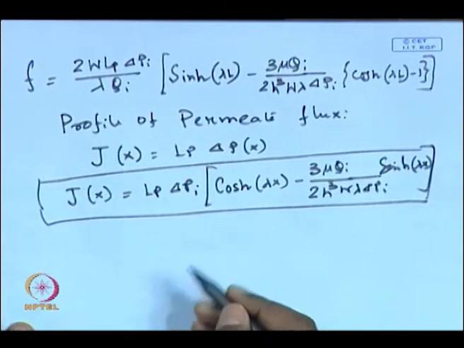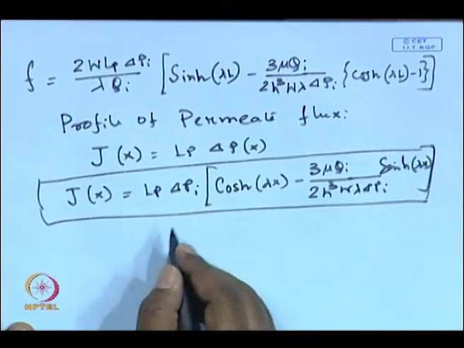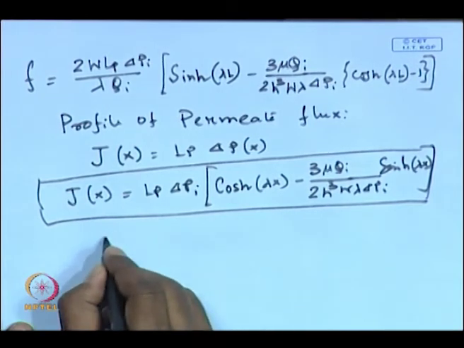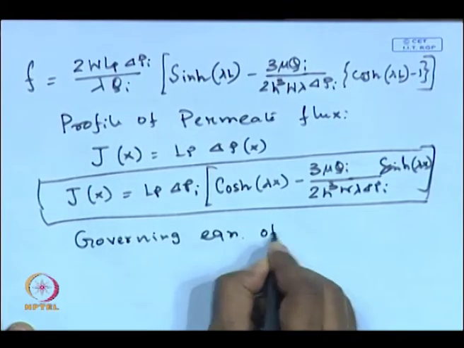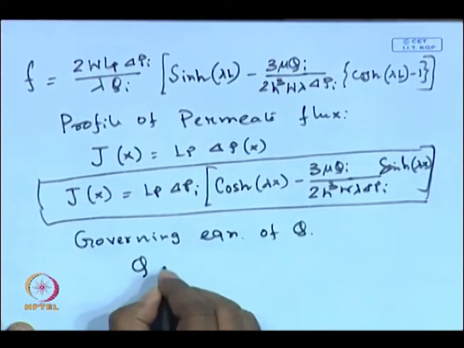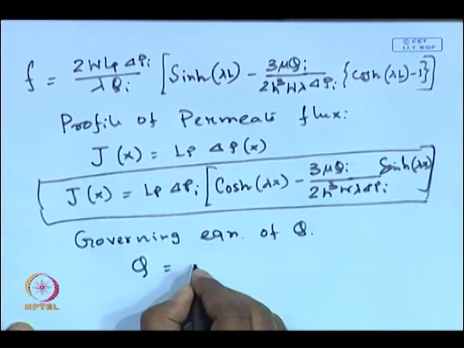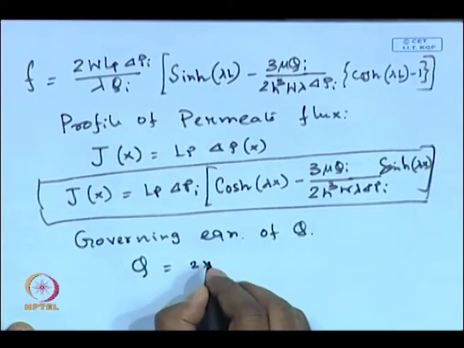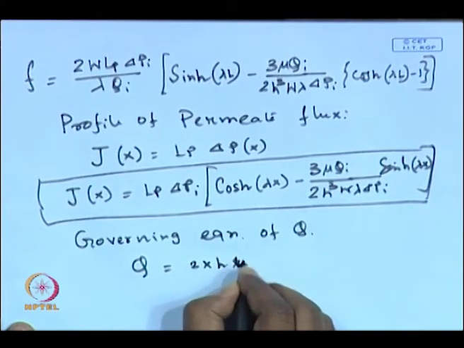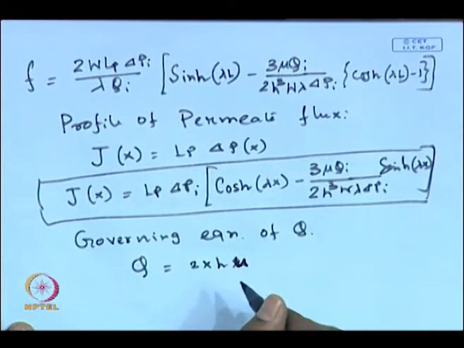Now one can get the expression of how the cross flow velocity is varying as a function of X. If you look into the governing equation of Q, that is the flow rate, and substitute Q equal to 2W times X, HU, right? 2W, okay, W becomes X over that differential element.